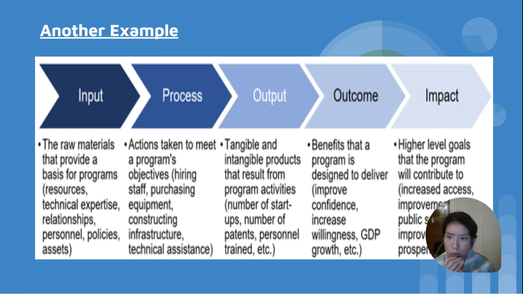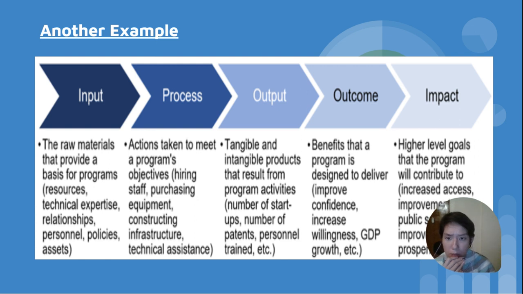To get us more acquainted with the model, here's another example. This one is from a website called The City Fix, mainly about urban sustainability and development. All right, so it briefly discusses the kind of indicators that we may be able to add to every element of the framework.